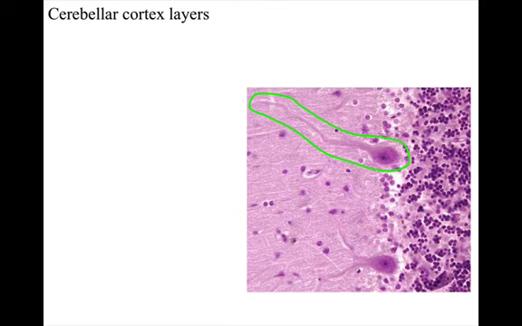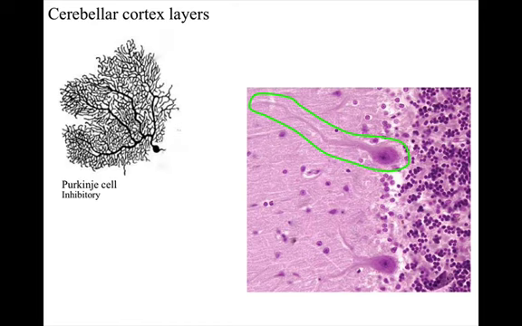You can see its dendrite extending across the molecular layer. And these Purkinje dendrites have quite a striking shape. They're flat. In this picture, you can see it edge on. But if rotated, it would look like this. In other words, it's flat but extensive in 2 dimensions.